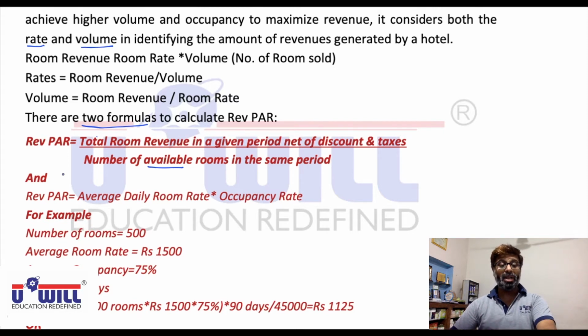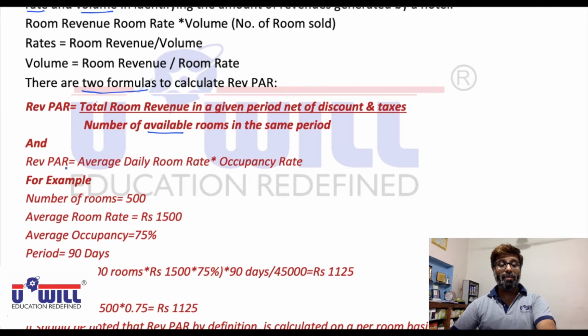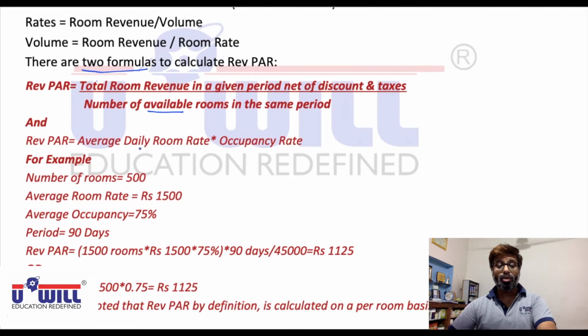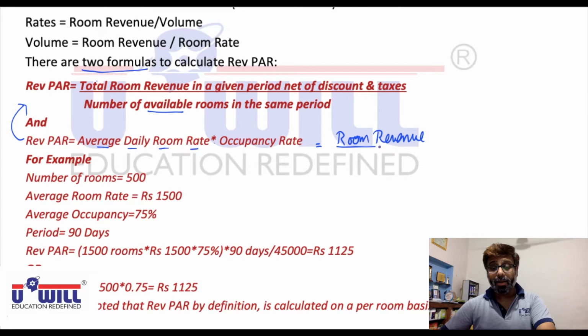And one more formula is there. Revenue per available room equals average daily room rate into occupancy rate. See, when you apply this formula, it automatically results in the previous formula. How come? What is the average daily room rate formula? Total rooms revenue divided by number of rooms sold.